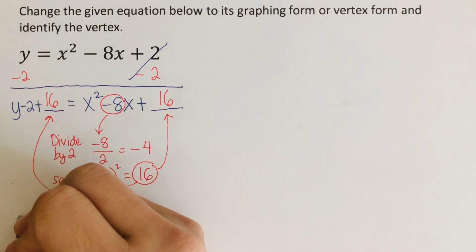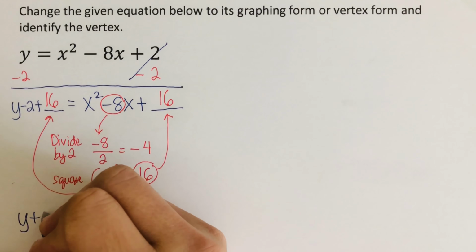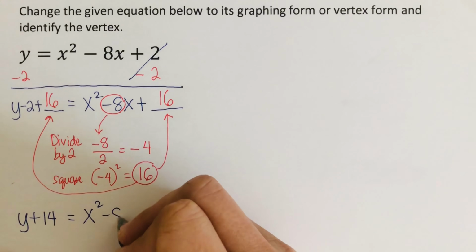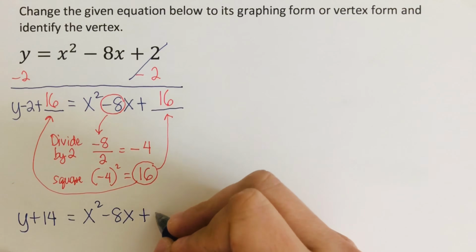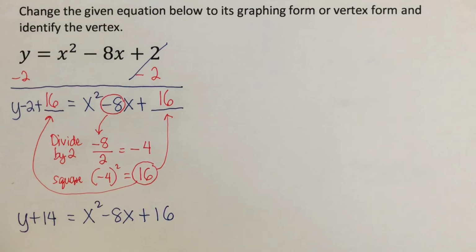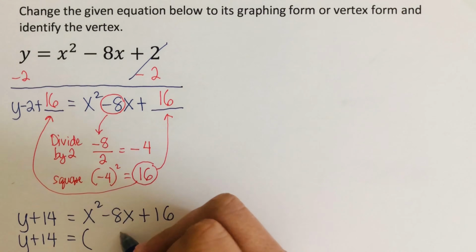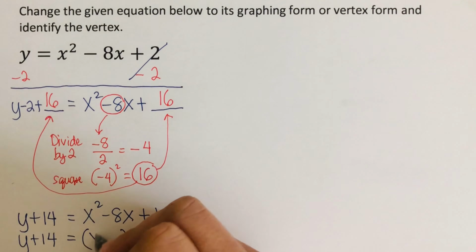That would be y plus 14 equals, write it out, x squared minus 8x plus 16. So then this is a perfect square trinomial. That would be y plus 14 equals, then we determine the value, x and x.